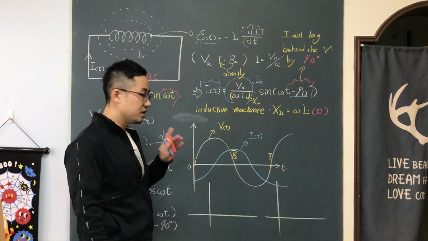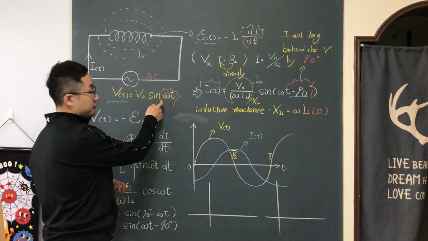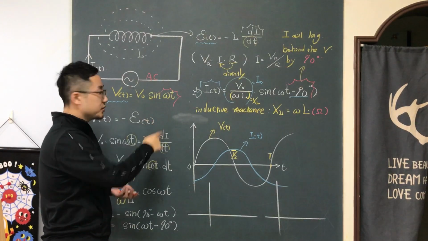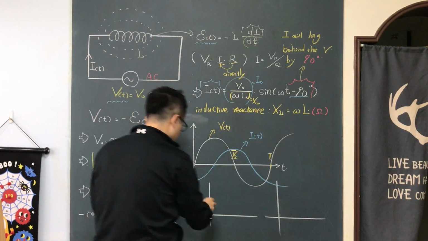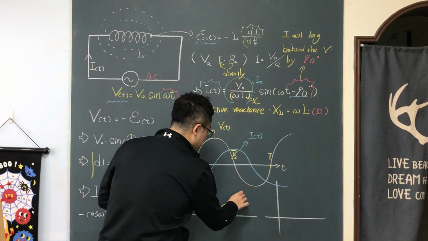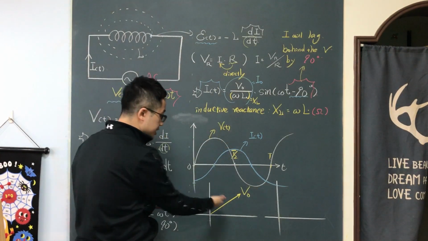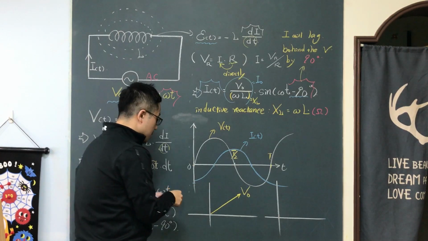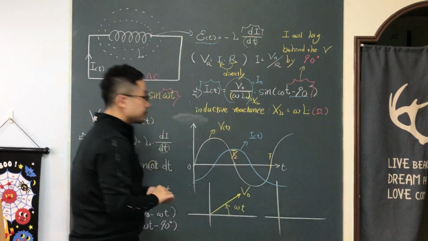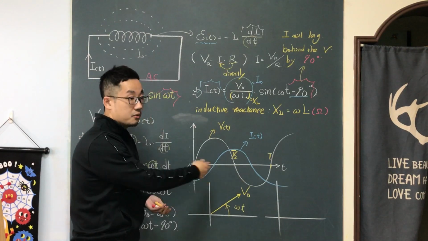In the Phasor diagram, the voltage is a sinusoidal function with angular frequency omega. So we can first write down the voltage: the maximum value V_m is rotating around the coordinates with the angular frequency omega, as omega t. That's a sine function, so the voltage is rotating counterclockwise.